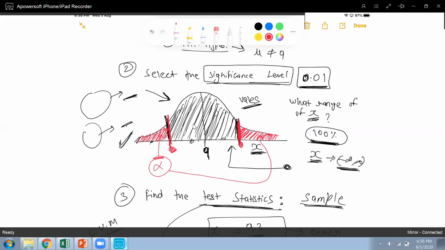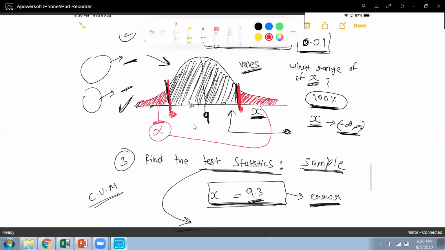How will I find that? Using the Z table. For the area we got, we have to check for the points. We know the area now. Area is given by alpha.